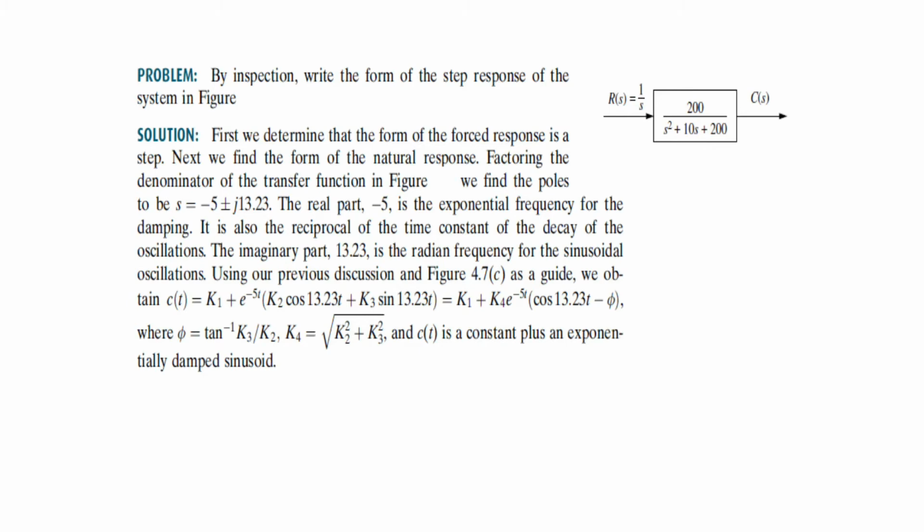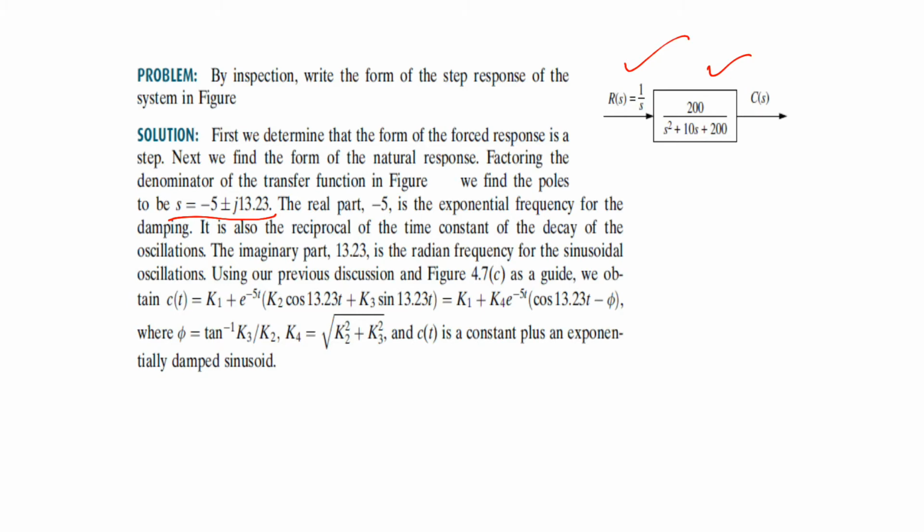Let us consider a system and a step input is provided to it. Now we see, after solving s square plus 10s plus 200, we get the poles as s equals minus 5 plus minus j 13.23.